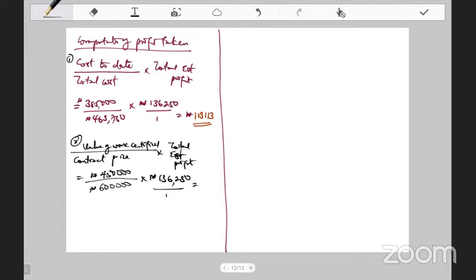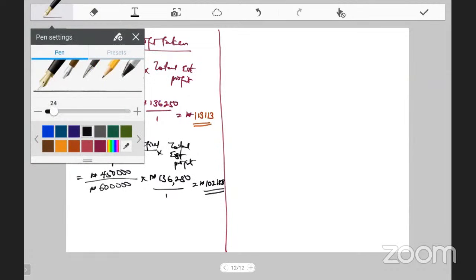What is the answer? 102,187.5. So we take it approximately as 102,188.